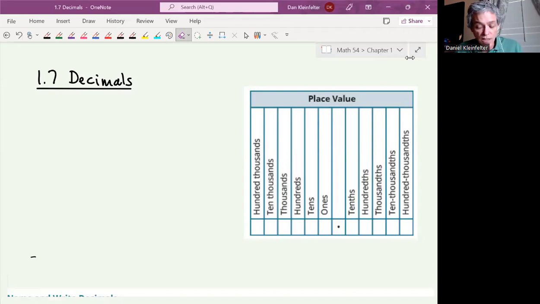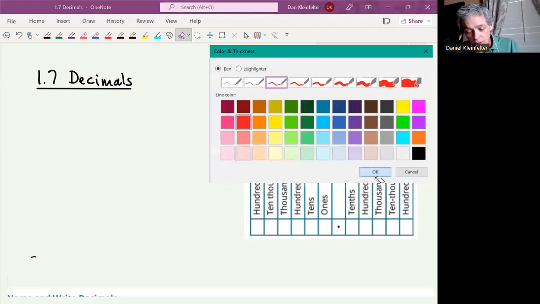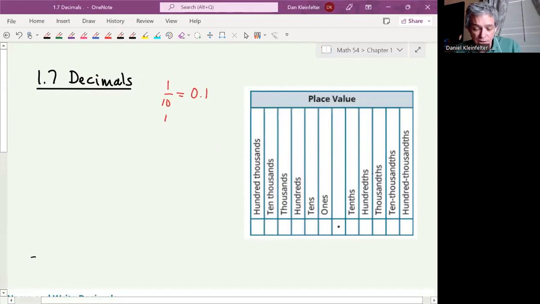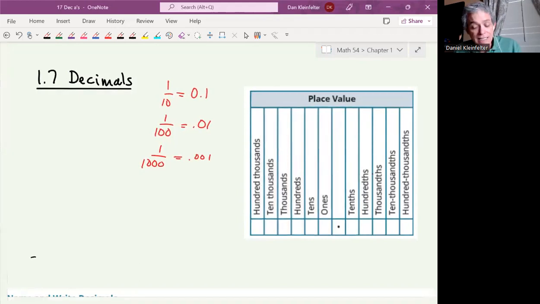So if you take 1 and divide it by 10, you get 1/10, which is 0.1. And then if you divide that by 10, you get 1/100th, which is 0.01. And then 1,000, 0.001, 10 thousandths, and then 100 thousandths, and then millions, and so on.